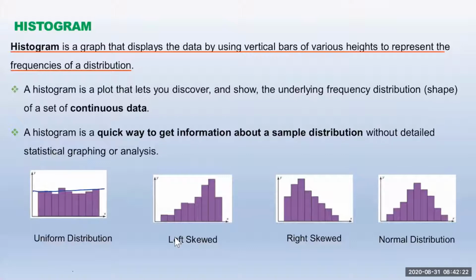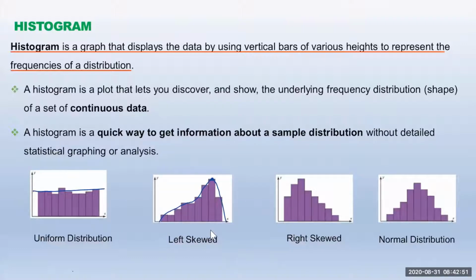Now, if you look at the second one, if you try to draw the graph connecting the top of the bars, that is, when you start from the tallest bar and draw on the other side from the tallest bar like this, you can see that towards the left, it has a long tail. We start from the middle, from the tallest bar. This side has the longer tail of distribution. So the data is more towards the left.